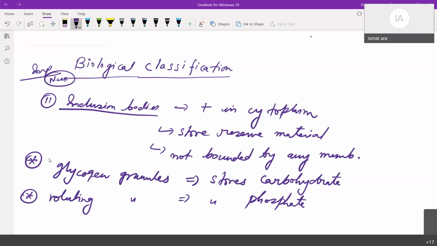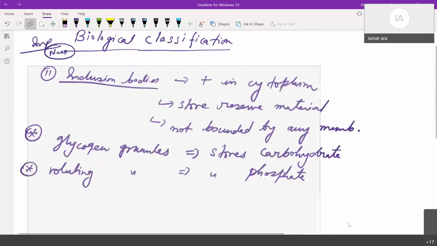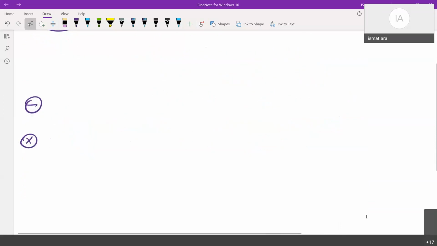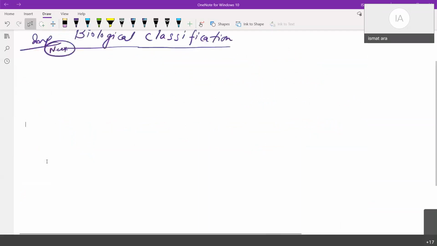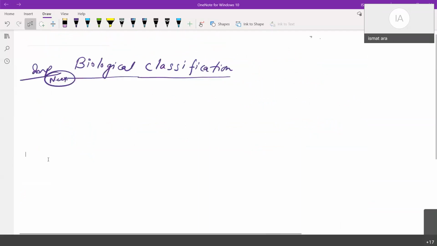Now, next we will see shapes of bacteria, students. We know that rod shaped bacteria are there, coccus shaped bacteria are there. So what are the shapes? Let us discuss now. We'll talk about shapes of bacteria.